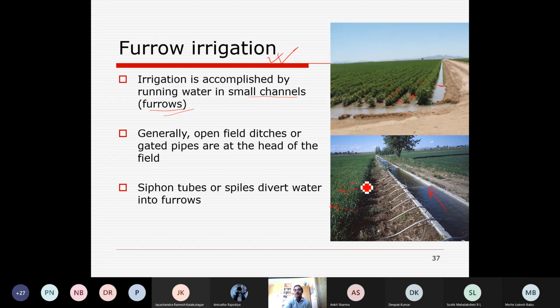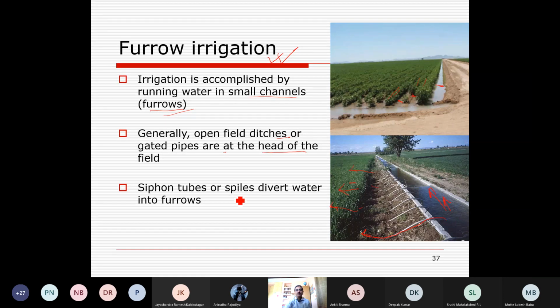We have small furrows or small channels where we are supplying water through siphoning arrangement. Generally, open field ditches or gated pipes are at the head of the field here to supply water in the furrows.